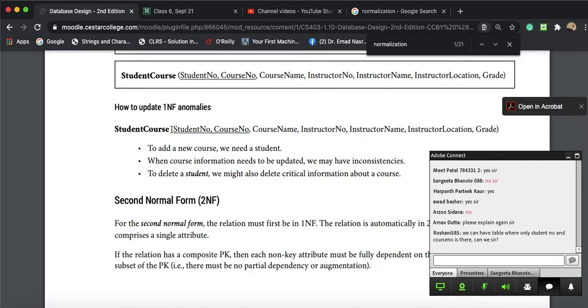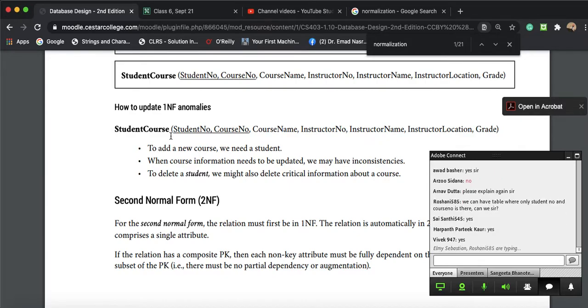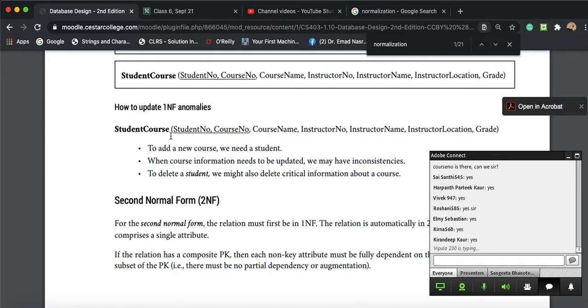Is the student course table in the first normal form? Yes or no? How can you know? Yes, it is. How do you know?